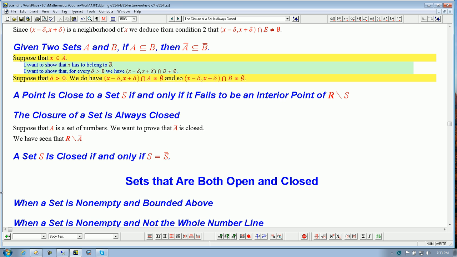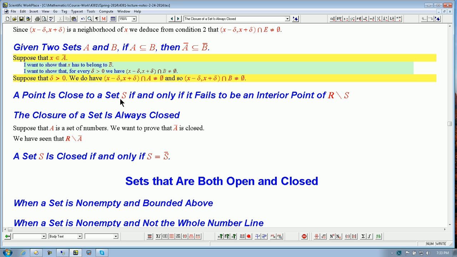Which numbers are close to a set? Those that are not interior points of the complement. Which numbers are not close to a set? Those are the numbers that are interior to the complement.